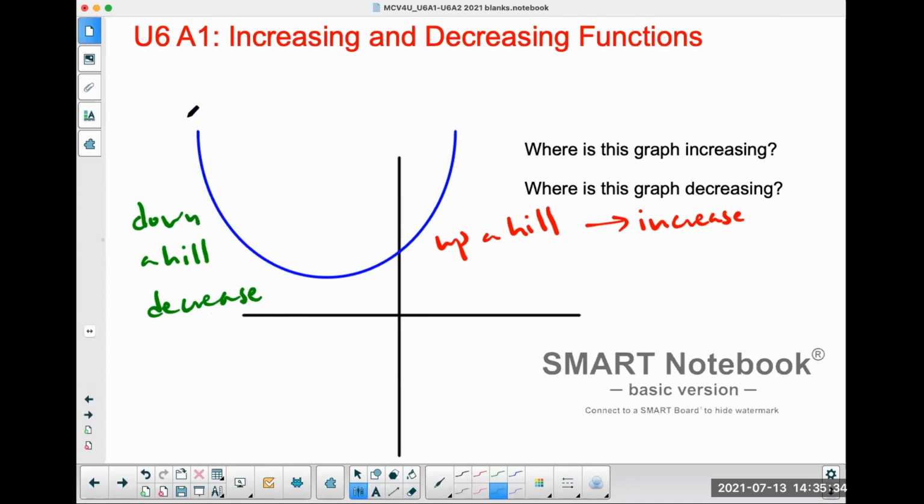So if you look at a parabola here, this is the bottom of the valley. Before the bottom, right? Let's say this is -1. Before -1, the graph would be decreasing, and after -1, the graph would be increasing.